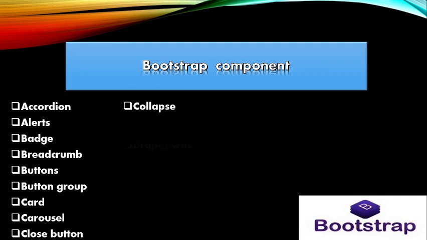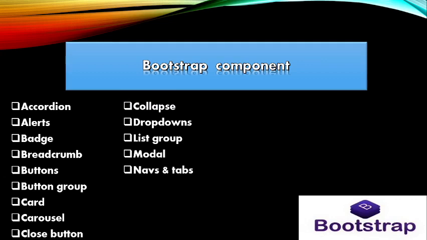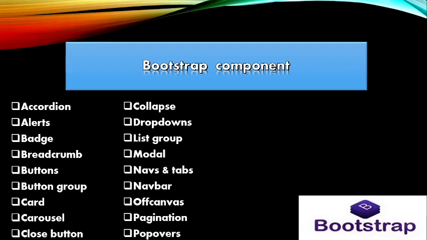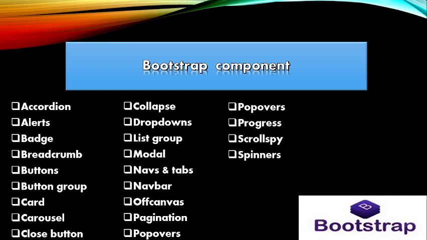Close button, collapse, dropdown, list group, modal, nav and nav tabs, navbar, offcanvas, pagination, popover, progress, scrollspy, spinners, toast, and tooltip. These are some of the components we are going to use in our files to build websites, and we will go through all these components in detail in later videos.